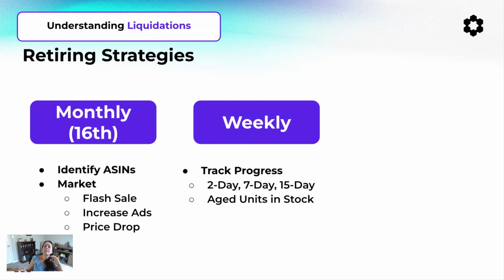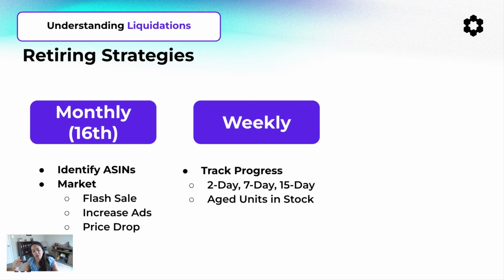And so what this does is, as you're ramping up those sales, is there a difference between the last 2 days velocity and the last 15 days, right? If I've been selling 2 units a day and the 15-day average is 2 units a day, and then the 2-day average starts to become 6 units a day, I can see because of the difference in those two velocities that my sales are actually working.